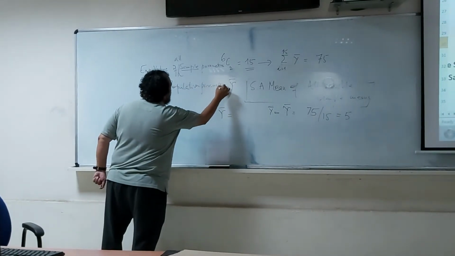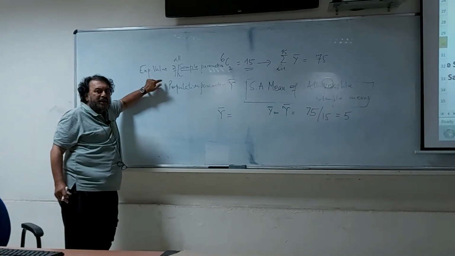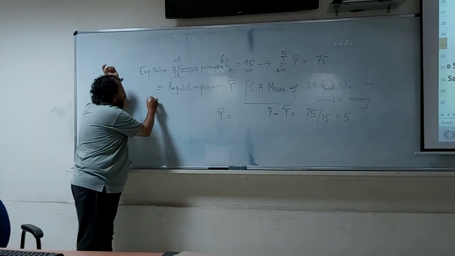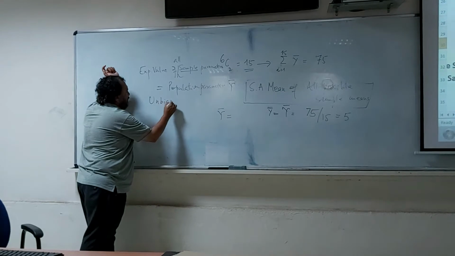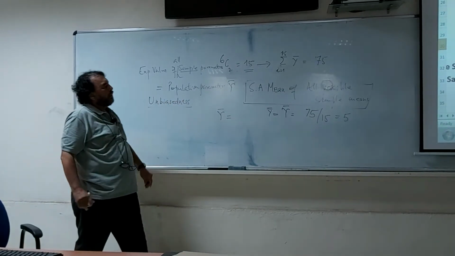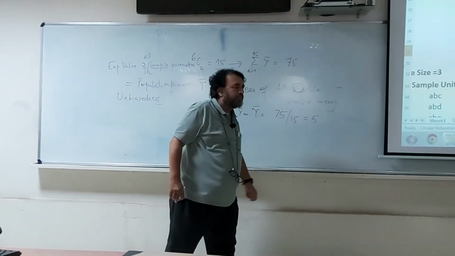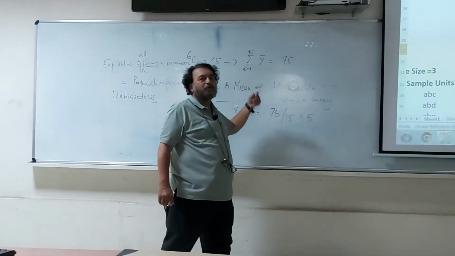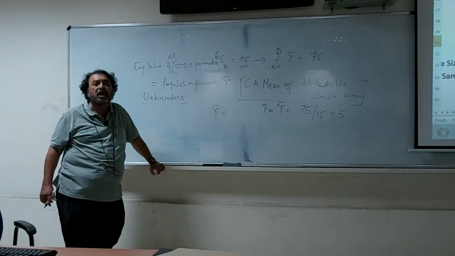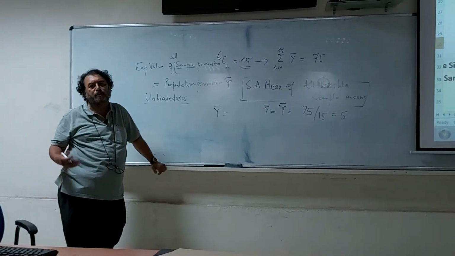then the formula that we are using, that means the estimator that we are using, is said to have the property called unbiasedness. So if the simple arithmetic mean of all possible sample means is equal to the simple arithmetic mean of our population of values, then simple arithmetic mean would be considered an unbiased estimator of the population mean or population parameter.